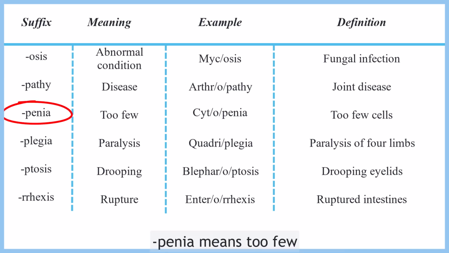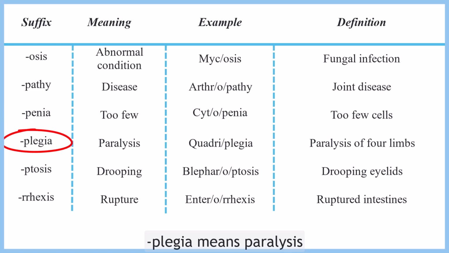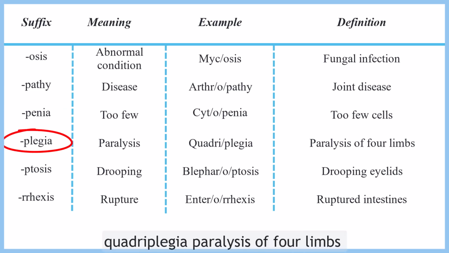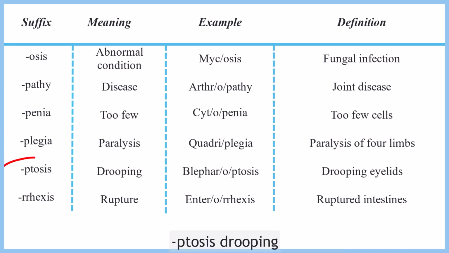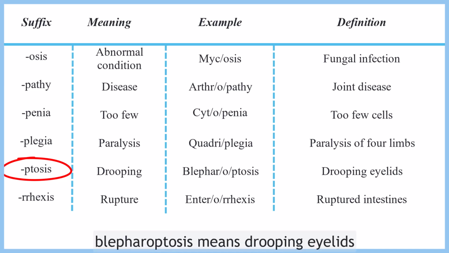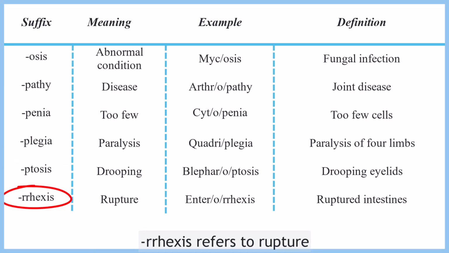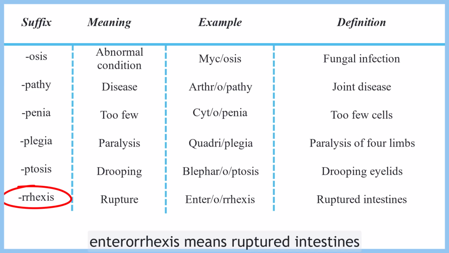Penia means too few. Cytopenia, too few cells. Plegia means paralysis. Quadriplegia, paralysis of 4 limbs. Ptosis, drooping. Blepharoptosis means drooping eyelids. Rhexis refers to rupture. Enterorrhexis means ruptured intestines.